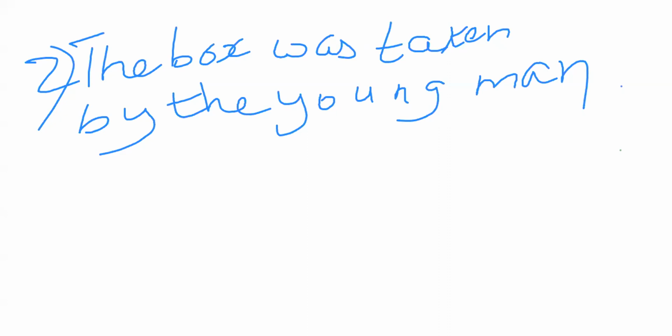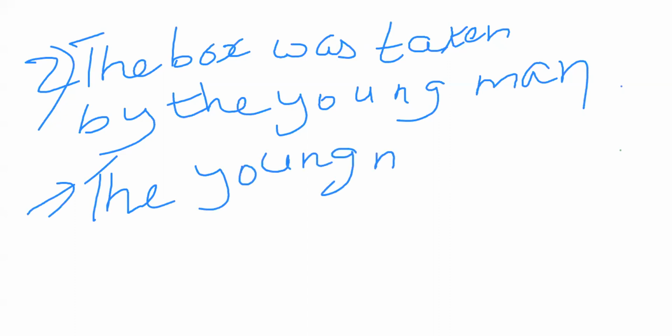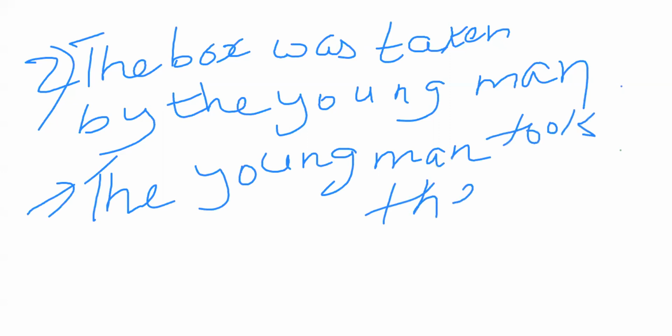How will the sentence become? The young man took the box. The subject plus verb plus object. The box was taken by the young man. The young man took the box. The sentence structure is the subject, that is the young man, plus verb, took, plus the box, which is the object.